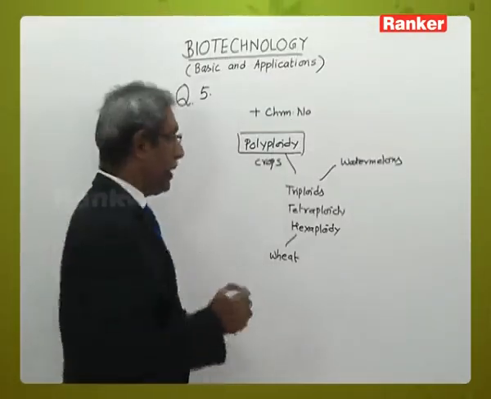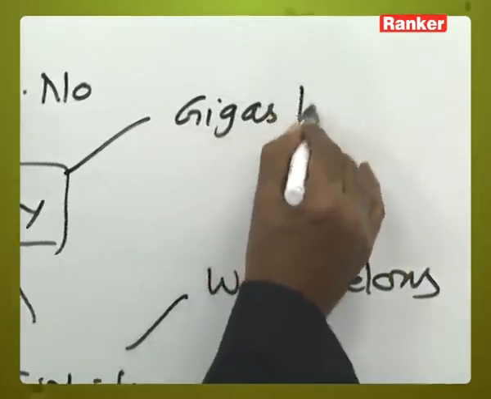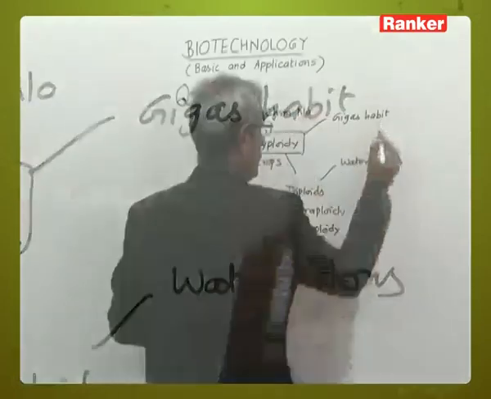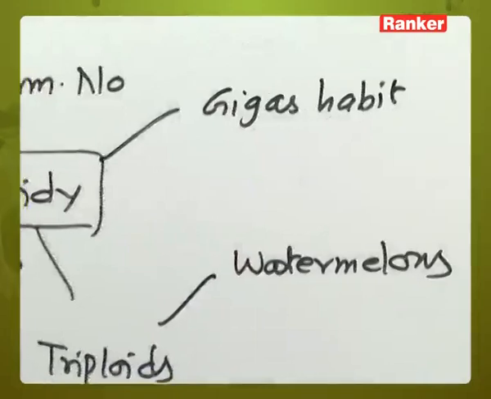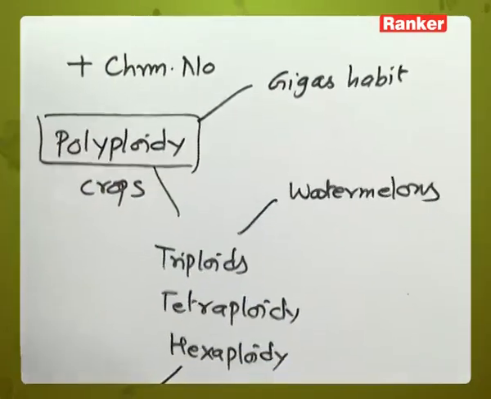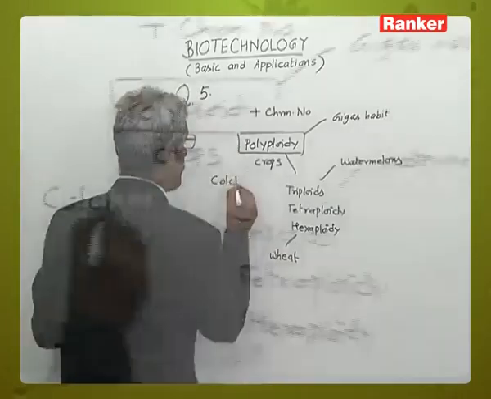And because of polyploidy, we have a gigas habit, like larger size of pineapple, larger size of cabbage and cauliflower. And this can primarily be induced by means of a chemical which is termed colchicine.